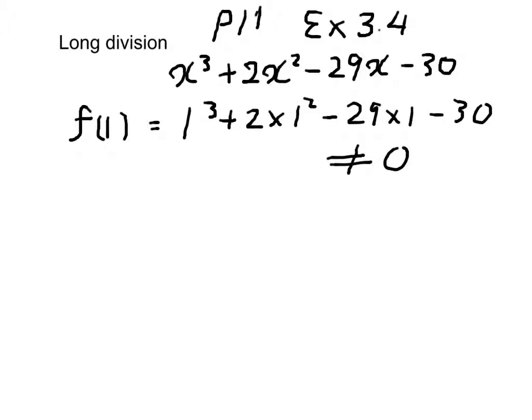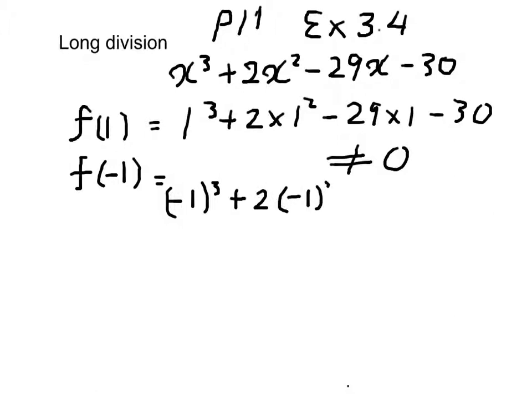Okay. Next I'm going to try minus 1. You need to be systematic. So I'm going to do minus 1 cubed plus 2 times minus 1 squared minus 29 times minus 1 minus 30.